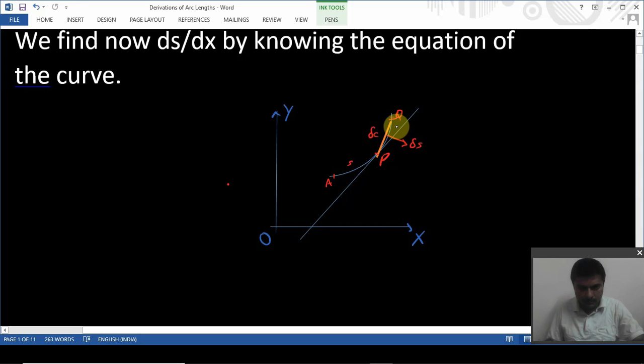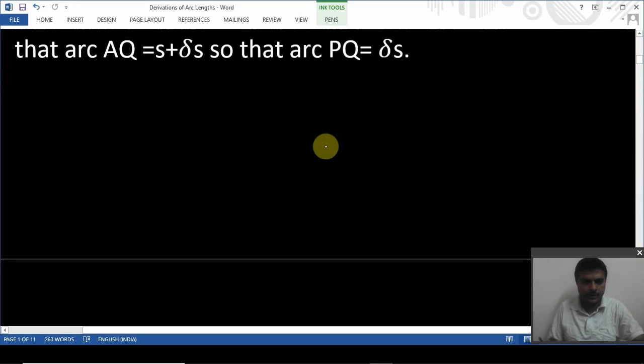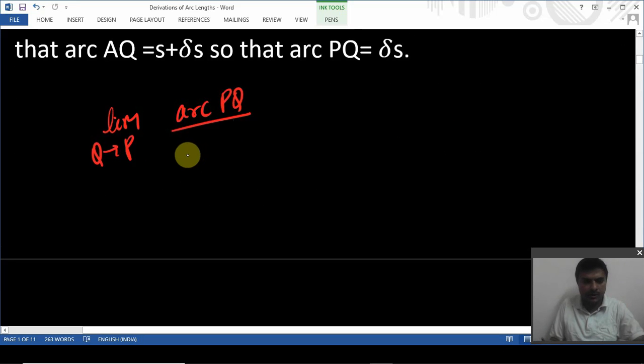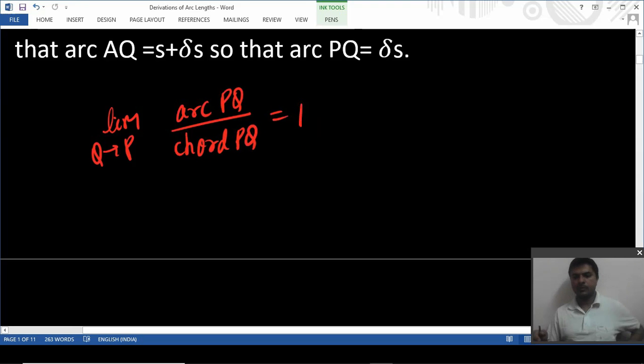When the point Q comes to P, we have the limit as Q tending to P of arc PQ divided by chord PQ is equal to 1. Because the ratio is 1, we take the limit of this equal to 1.